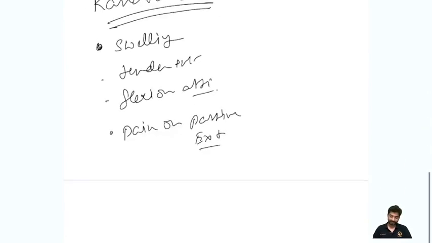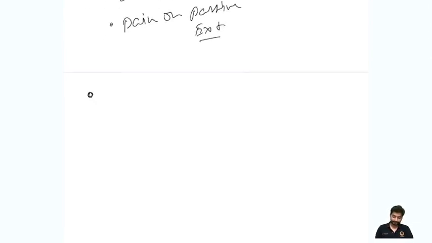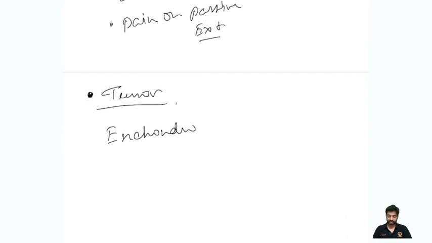Okay, similarly, if you talk about tumors, then one tumor can happen in the small tubular bone, known as enchondroma. Okay, so what do you mean by enchondroma? There is a cystic lesion on the metacarpal or phalanges, an intramedullary cystic lesion of tubular bone.